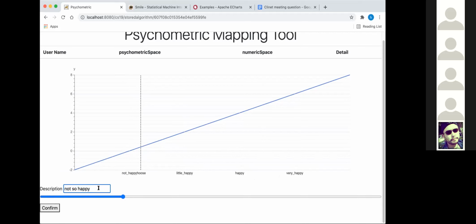So that automatically puts those 5 different expressions in integer space linearly.